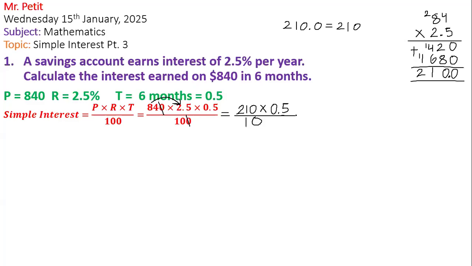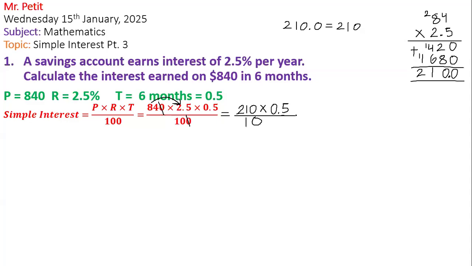I multiplied 840 by 2.5 and got 2,100. But then you will have to multiply that answer by 0.5. I guess that's the reason why he got 105. You got 105 for a different reason.